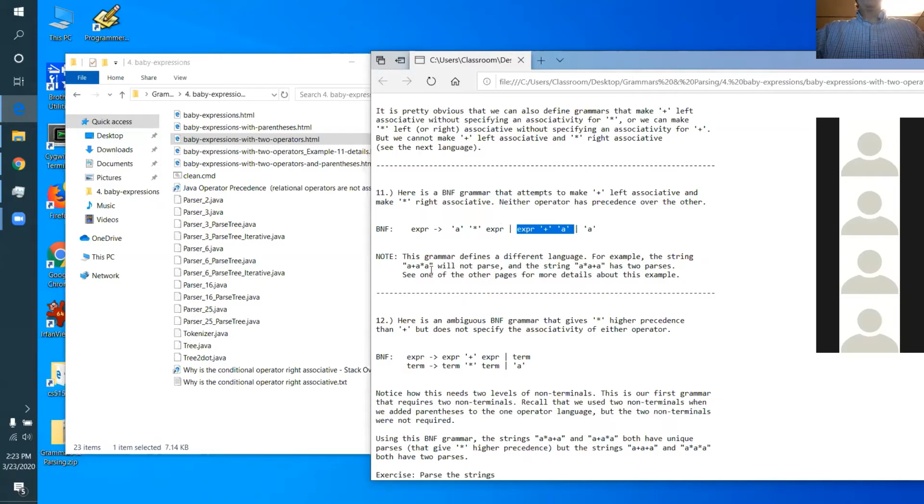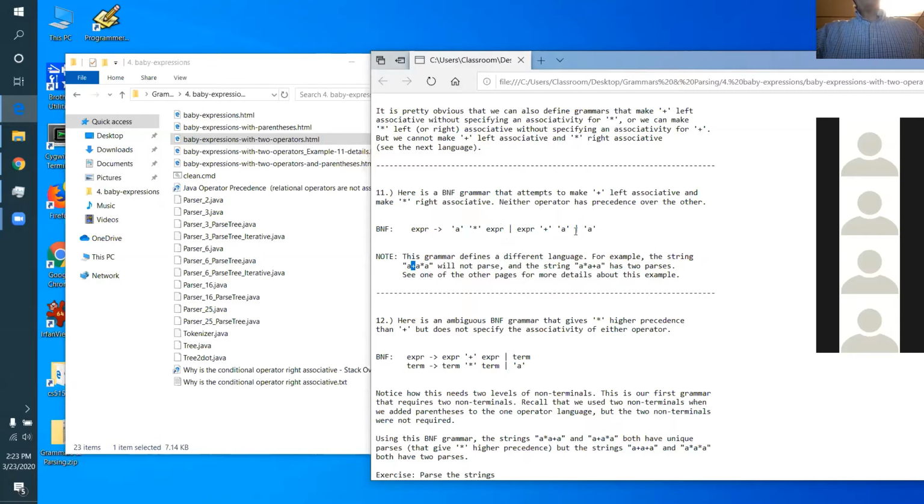Okay, all right. We would need an expression plus A. Well, we have a plus, but to the right of it is an A, but there's more stuff to the right of that.